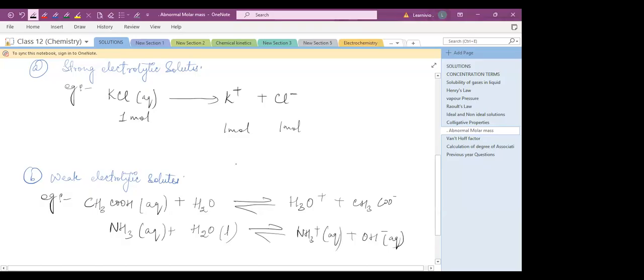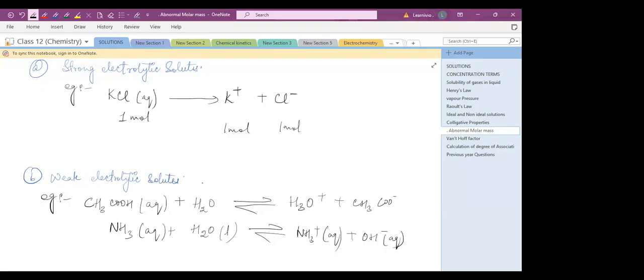Okay, so you can see over here the number of particles of the solute in the solution phase is not an exact multiple of the number of ions in the case of a weak electrolytic solution, because it depends on the degree of dissociation. So just remember this.